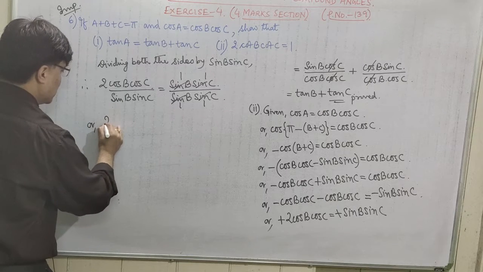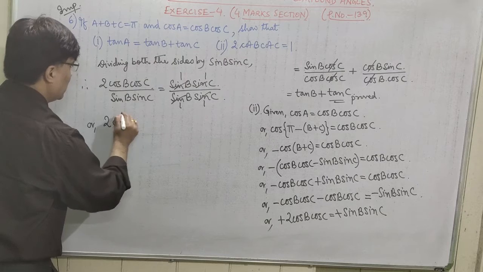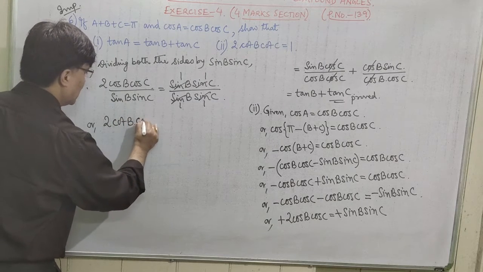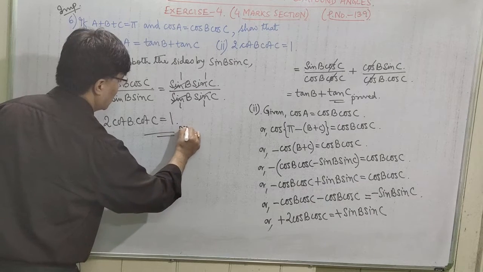Now we can write here 2 into, what is cos B by sin B? It is cot B into, what is cos C by sin C? It is cot C, which is equal to 1. So it is done, proved.